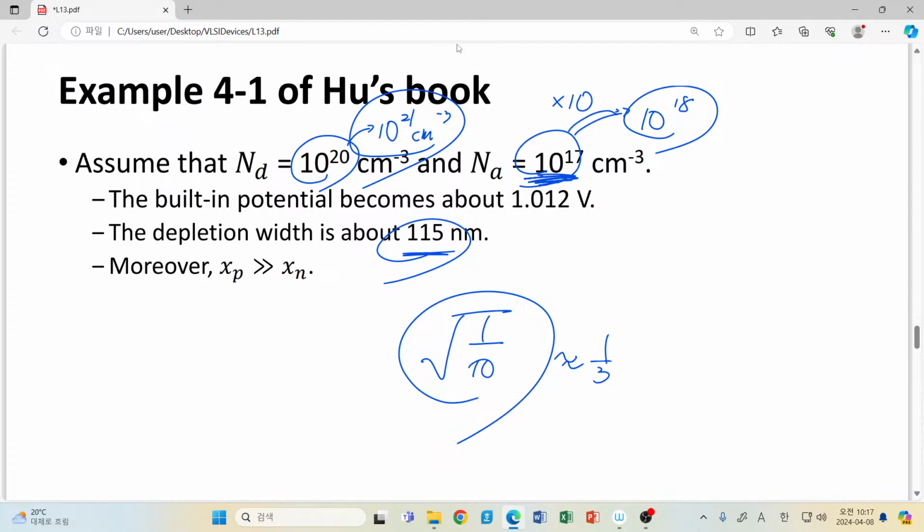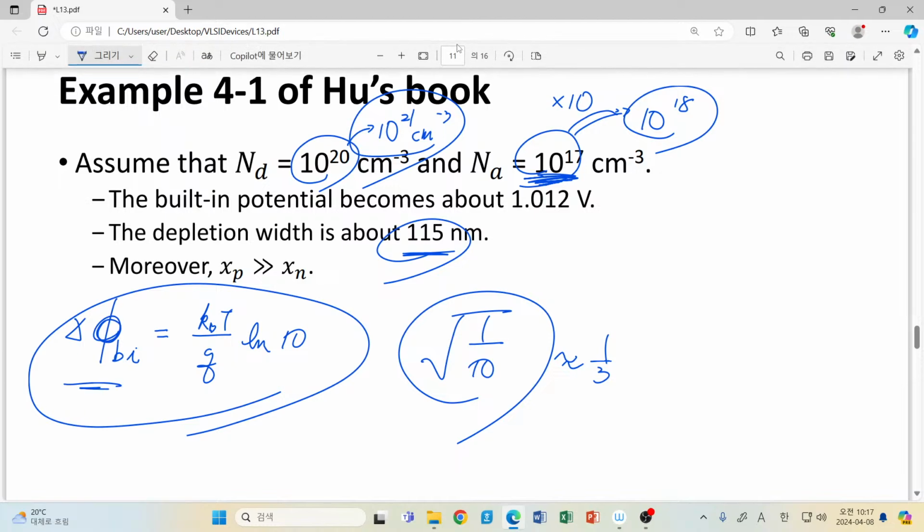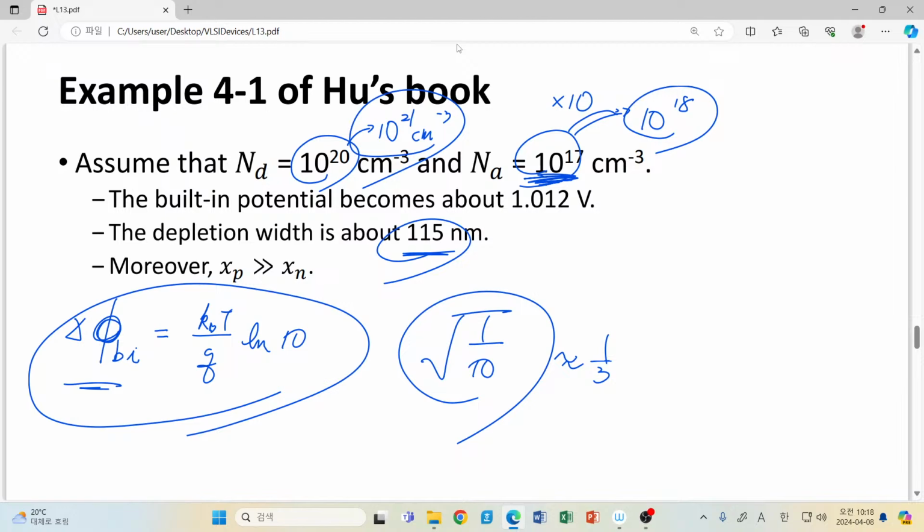Even a 10 times higher value doesn't make any change. The only thing we can consider is that our built-in potential will be increased a little bit. How much? The delta built-in potential will be just kBT over Q times log 10. You will have a slight increase of your built-in potential, and that will introduce a slight change in your depletion width.